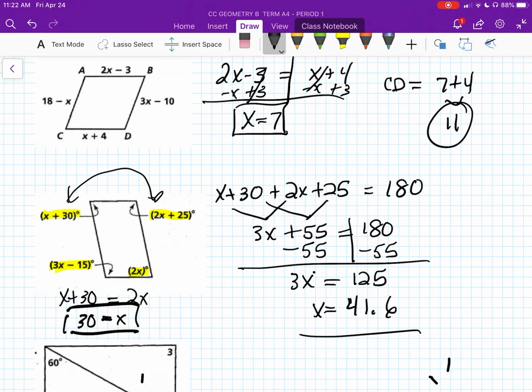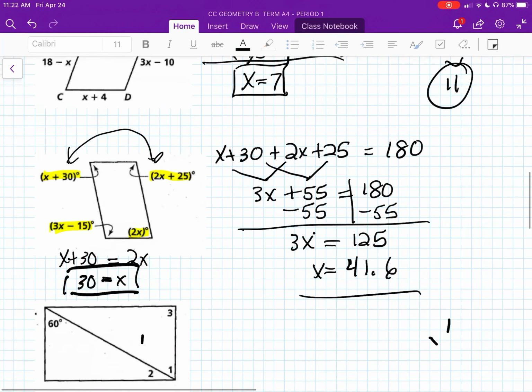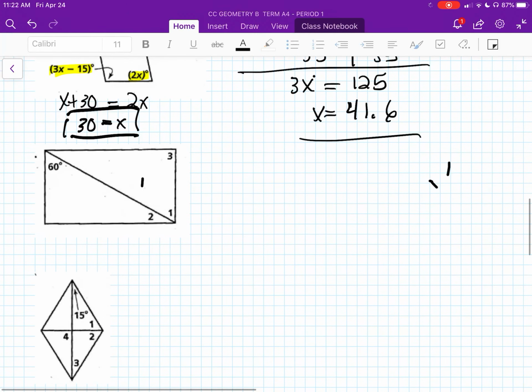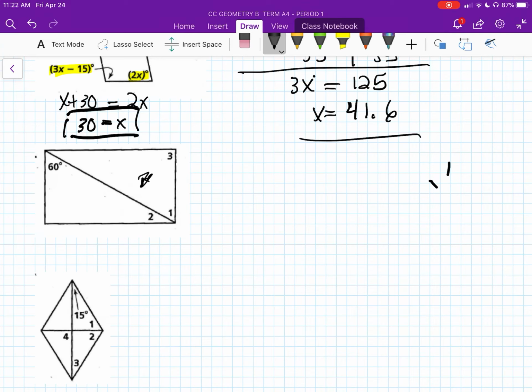So if I add these two expressions together, I should get 180 degrees. And these two expressions should give me 5x. Yeah, I'm going to come back to that. I promise you I'll come back to that because I'm recording.